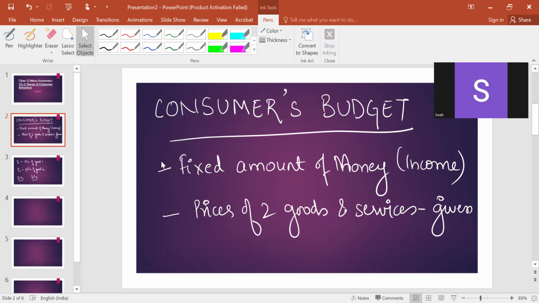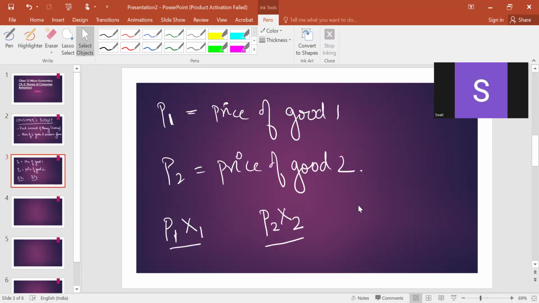Since it is the consumer's budget, we assume that the consumer has a fixed amount of money, and we denote that amount of money by M. So M is the income of the consumer, which is fixed. Let's say we have a monthly income.